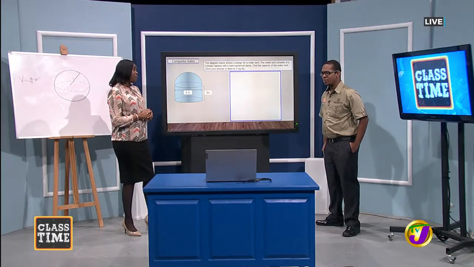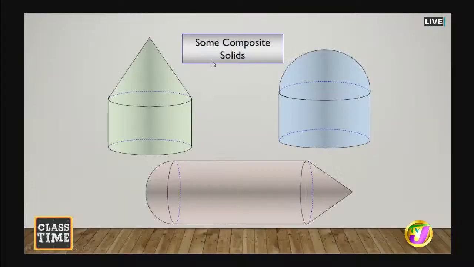We also found that when we are finding the volume of composite solids, we can do a number of things. If regions are being combined together, we can first identify the individual shapes, then find the volume of each individual shape, and then decide whether we're going to be adding or subtracting those volumes to get the final solution.